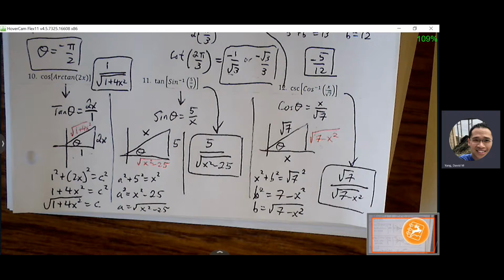Remember, this is degrees, so you gotta do 180 degrees. And then this will be first and second. Sine is first positive.